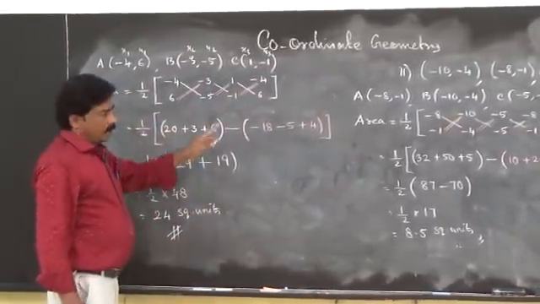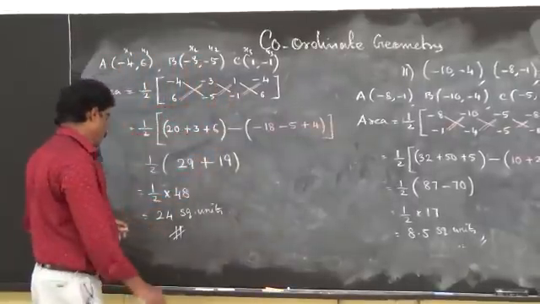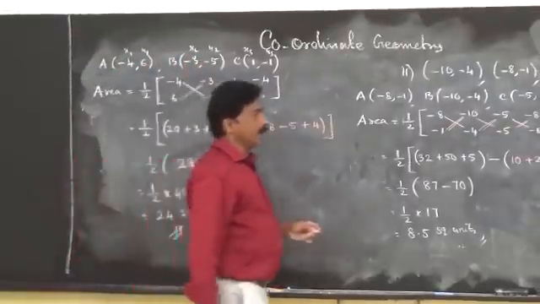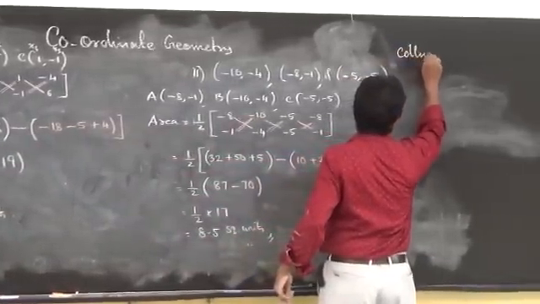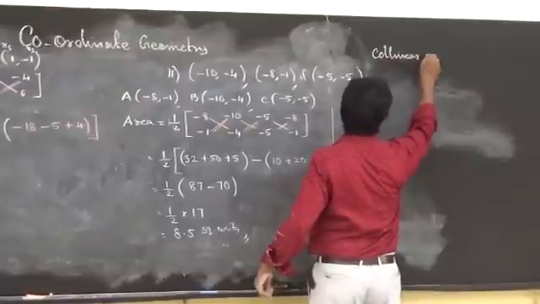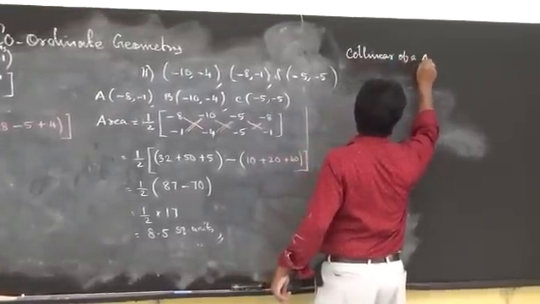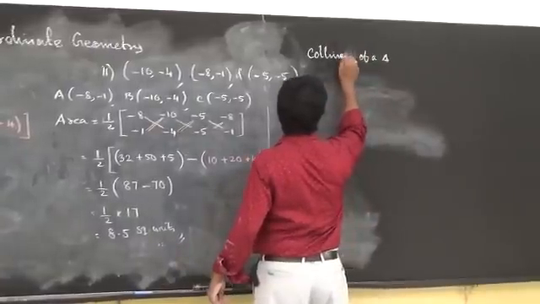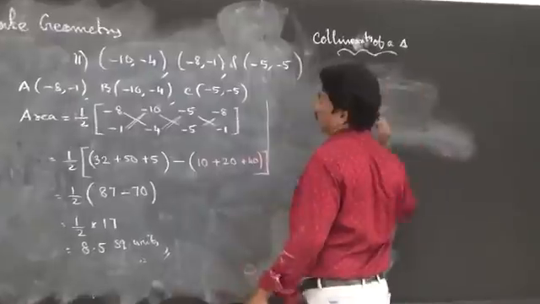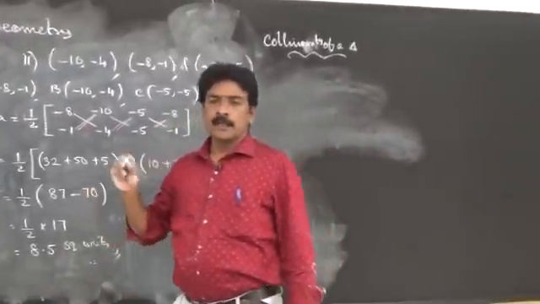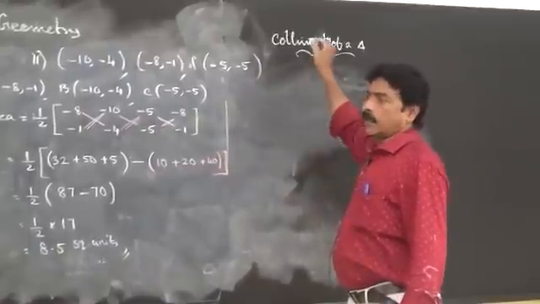When 3 points are given, we have to show whether they are collinear. What is collinear? Collinear means 3 or more points lie on the same line. We will call it collinearity.